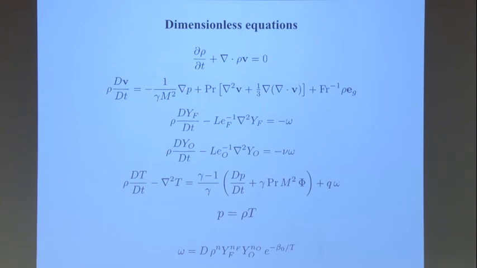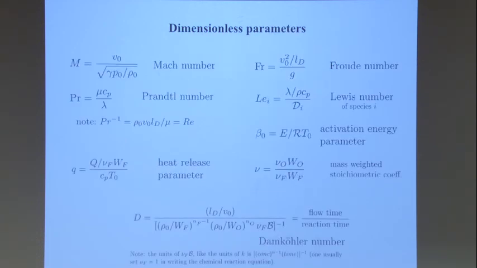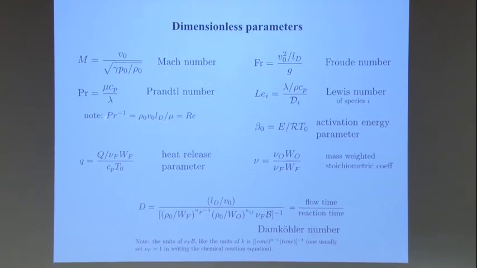And what you see is, first of all, in front of the viscous term, there is a Prandtl number. Well, those of you who are familiar with fluid mechanics usually know that there is a Reynolds number there, right? But the Reynolds number is usually based on some length scale of the problem. Here, we chose very specifically what the length scale is. And for our length scale, where's my Reynolds number? Here.